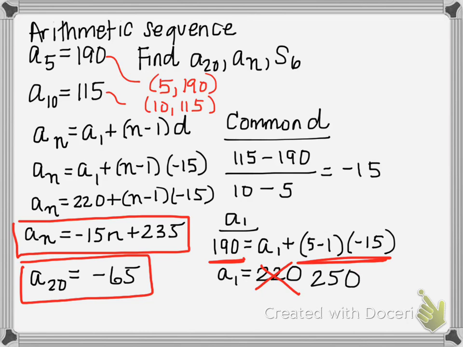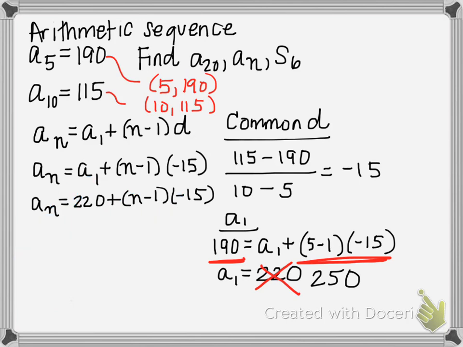All right, so that messes up everything over here. Everything over here, that's all messed up. So let's go and fix that. Okay, so I'm back to this piece right here. So that's supposed to be 250. So let's go ahead and fix that.